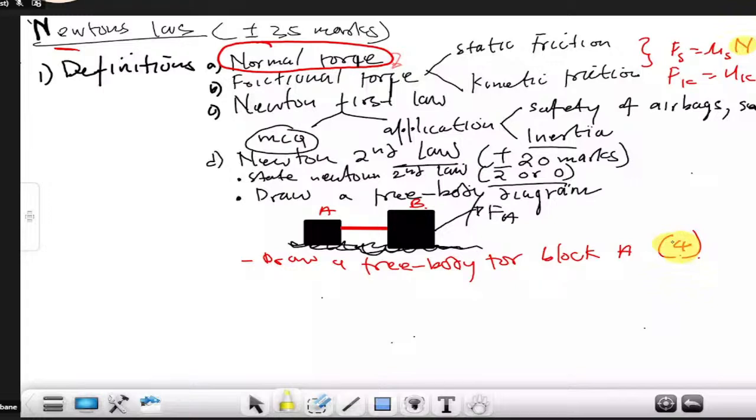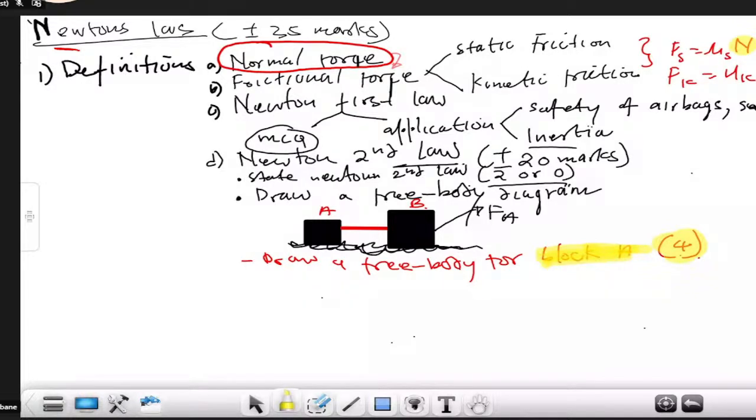So if the examiner says draw a free body diagram for block A, yes, we are going to draw for block A. But the catch is, for the purpose of calculation, I am going to need 2 free body diagrams. So I am going to draw one, which is A, but immediately after that, what must one do?